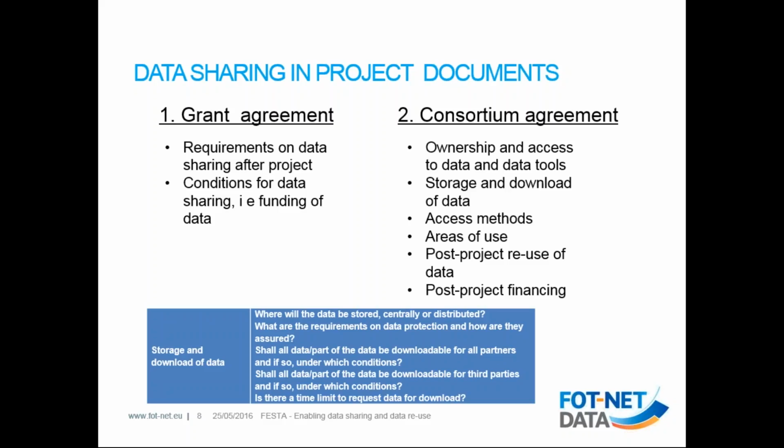And it's also important that the consortium agreement discusses the post-project reuse of data, so that everyone in the project agrees. For instance, in large European projects, that might be 30 partners, and it's almost not doable to go back and discuss the reuse of data afterwards.